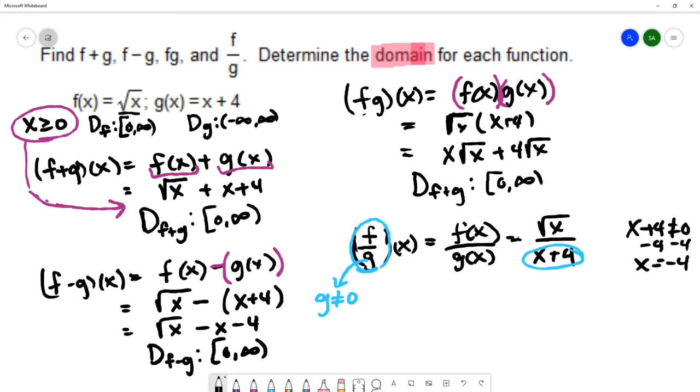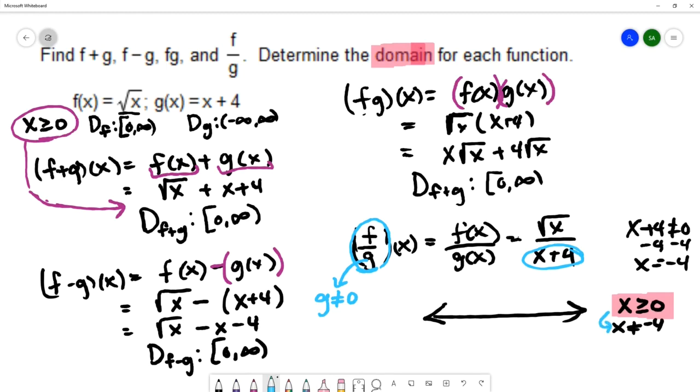That's an extra restriction. However, for this example, if you consider the two restrictions we have, x being greater than or equal to 0 and x cannot equal negative 4, this statement already covers that statement.